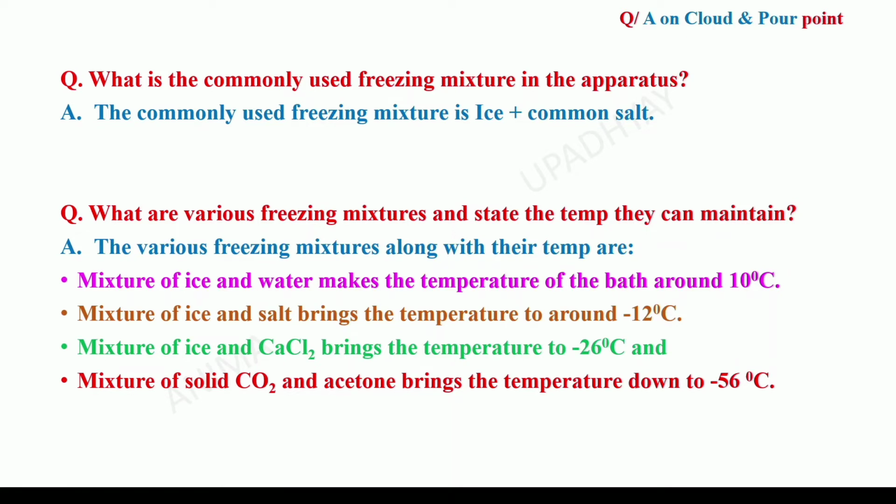The various freezing mixtures along with the temperature are: mixture of ice and water, which makes the temperature of the bath around 10 degrees centigrade; mixture of ice and salt, that is common salt, NaCl, which brings the temperature to around minus 12 degrees centigrade; mixture of ice and calcium chloride, which brings the temperature down to minus 26 degrees centigrade; and mixture of solid carbon dioxide with acetone, which can maintain the temperature down to minus 56 degrees centigrade.